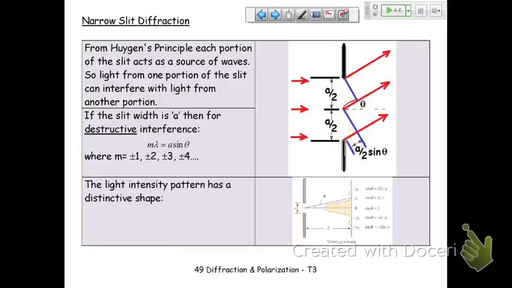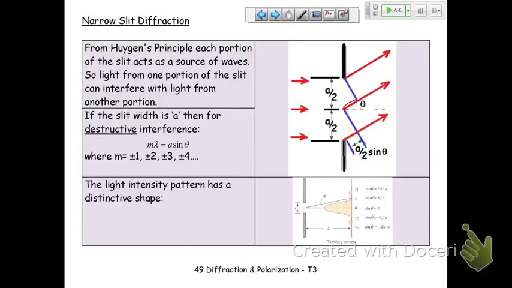What we get is, from Huygens' principle, each portion of the slit acts as a source of waves. So light from one portion of the slit can interfere with light from another portion of the slit. If the slit is width A, then for destructive interference, m lambda equals A sine theta, where m equals 1 or 2 or 3 or 4.